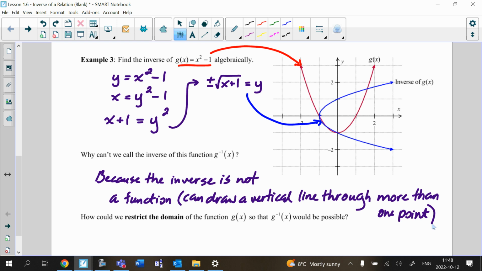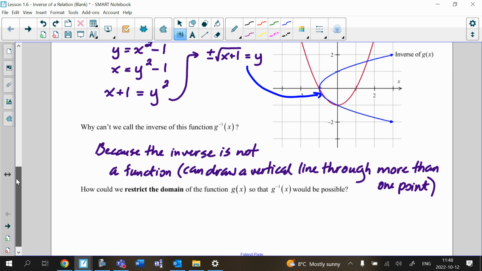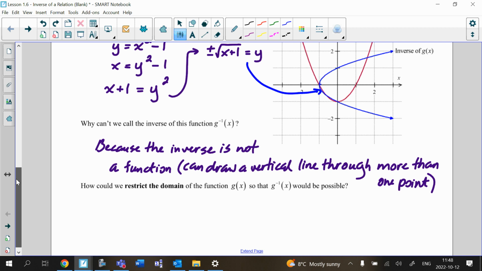An interesting question to answer, at least interesting to me: look at the original one, the red one. How much of the graph would you take out so that its inverse would be a function? See if you can do it visually.